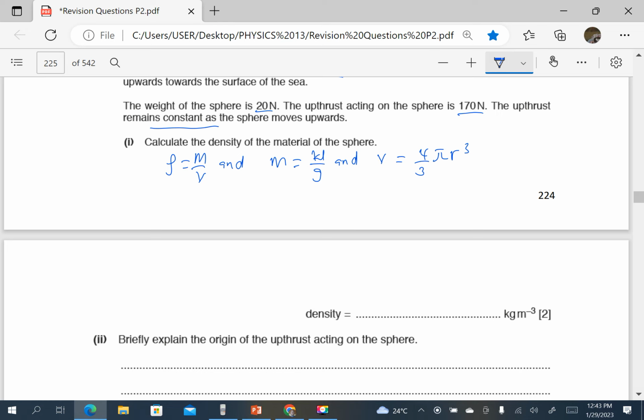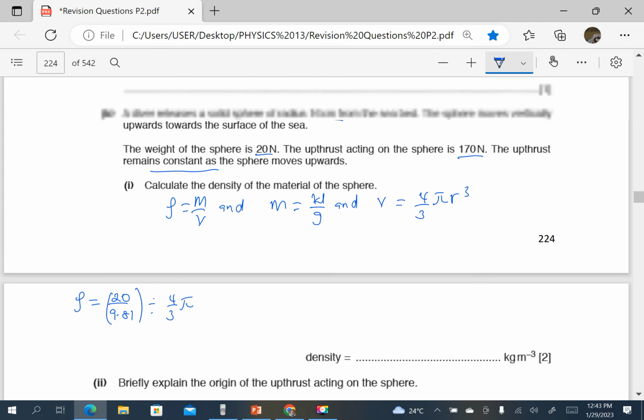So let's now find the density. Density will be equal to the mass, which is weight over gravity, so 20 divided by 9.81, divided by the volume, which is 4 over 3 pi, where the radius was given as 16 centimeters, which is 0.16. So this will be times 0.16, cubed.